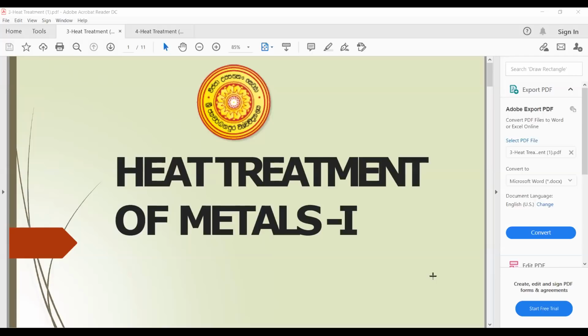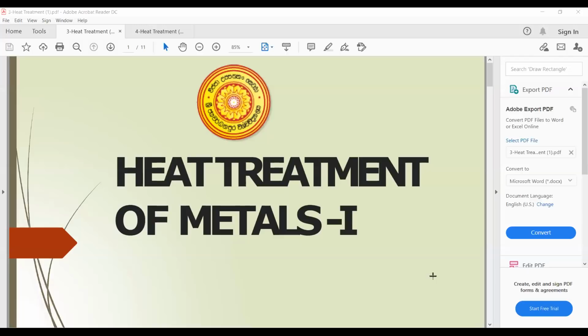So why you need this heat treatment process? Why you need to do the heat treatment to the metals? Normally metals has some internal properties, but you need to change the internal properties for your different applications. In that case, you need to change the properties of that particular metal.